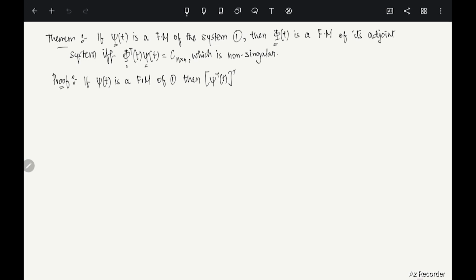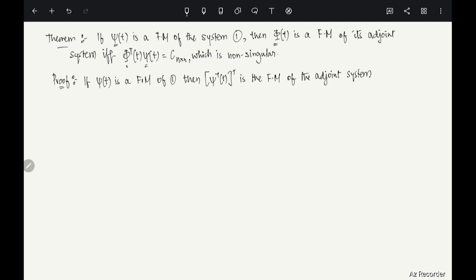You see, we have already proved this just now. Clear?